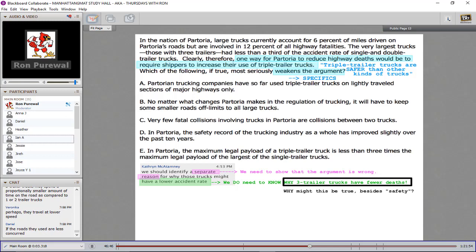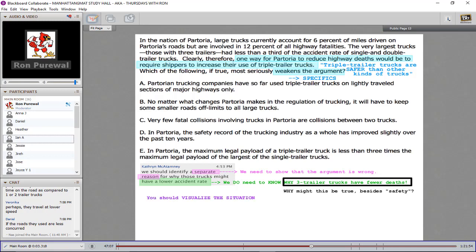Ah, okay, maybe they travel more slowly. Yeah. What you need to do is visualize this in your head. You should visualize these situations in the real world whenever possible.